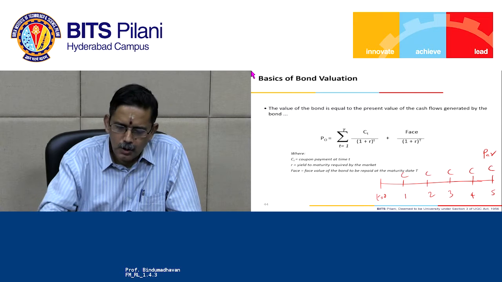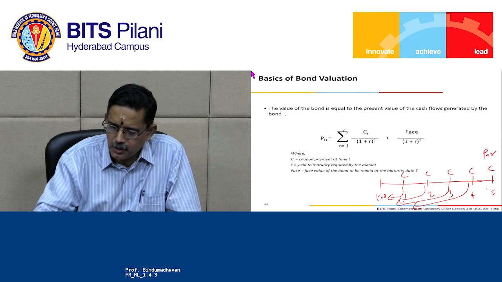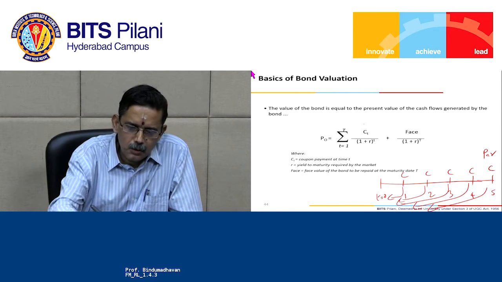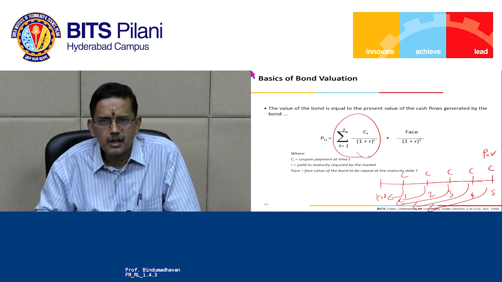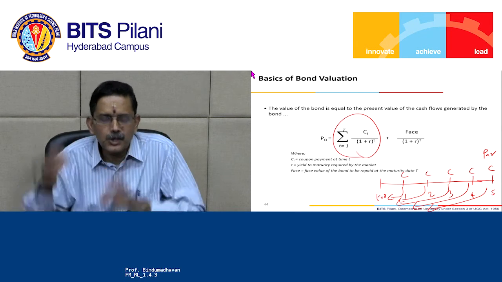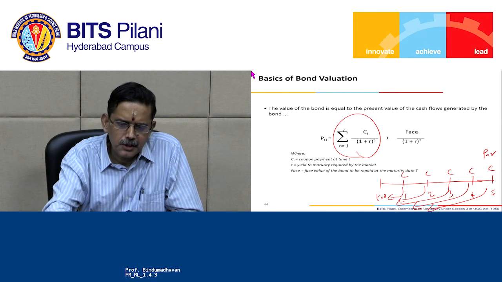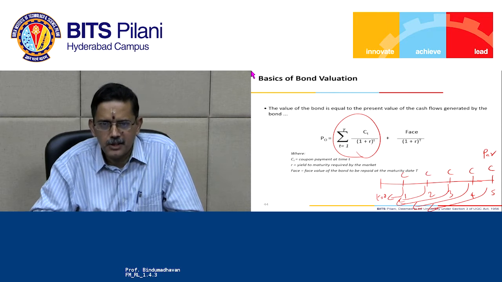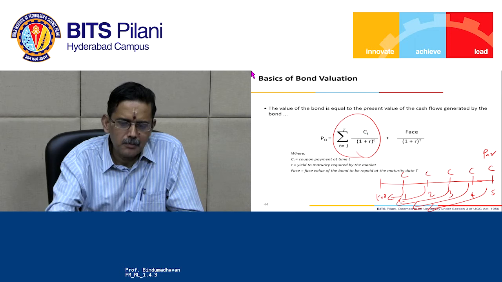So what do we have to do? We have to discount this to today. Similarly, we have to discount all of these. That's what we are showing here. This coupon discounting we are showing in a summation notation. It is the sum of Ct divided by (1 plus r) to the power t. For the first one, it will be C1 divided by (1 plus r).